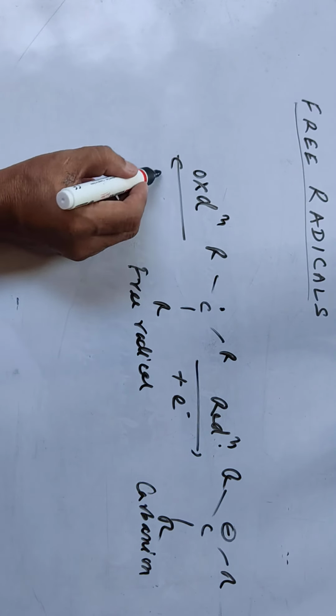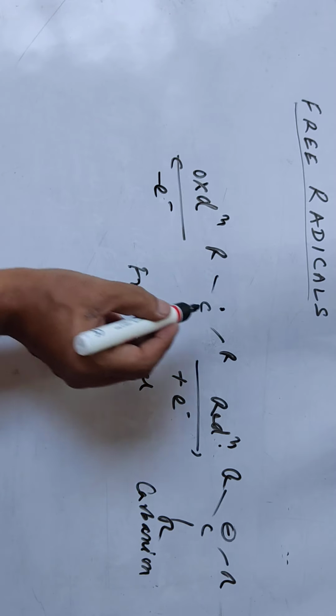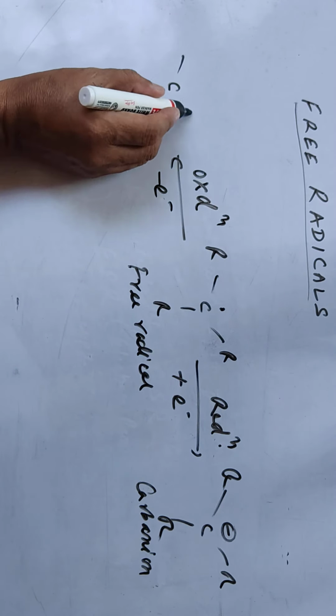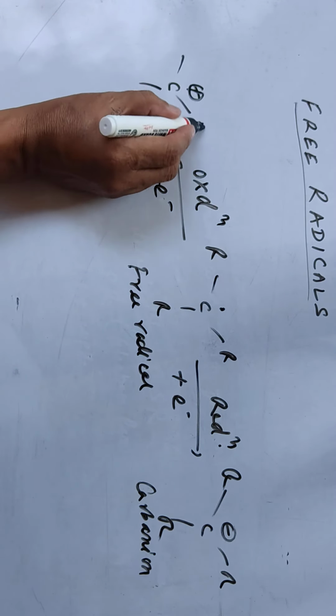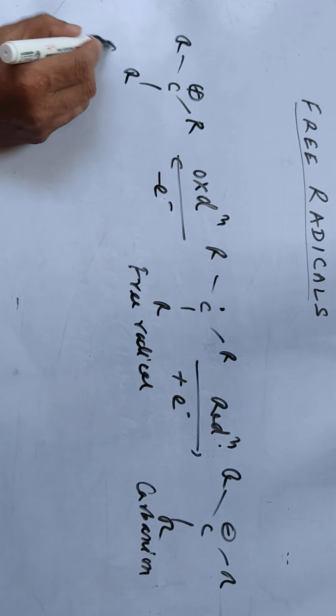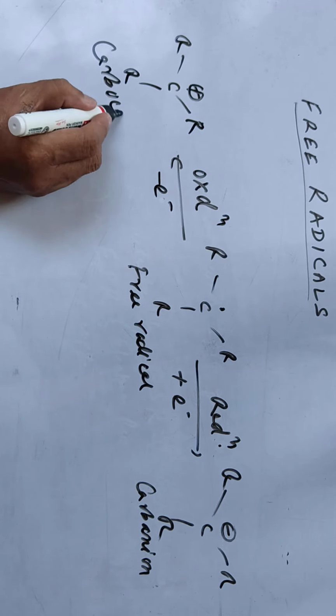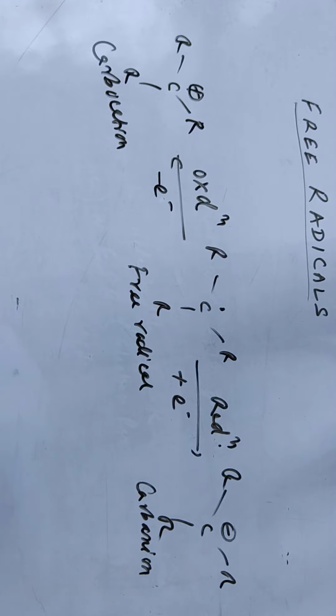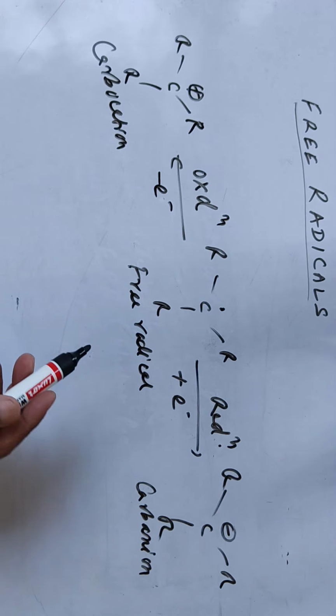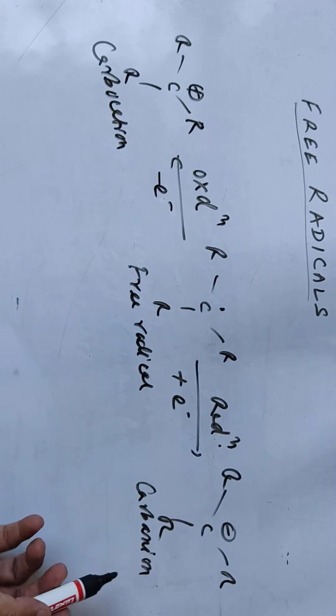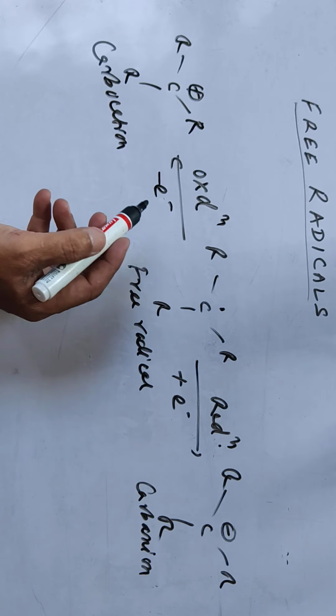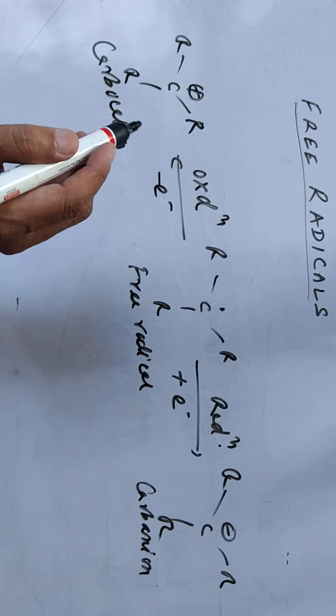Oxidation means removal of electrons, so one electron is removed and it becomes a positive charge, a carbocation. So among these three species, reduction of the free radical gives the carbanion, and oxidation of the free radical gives the carbocation.